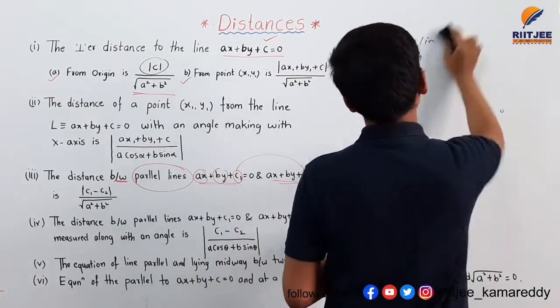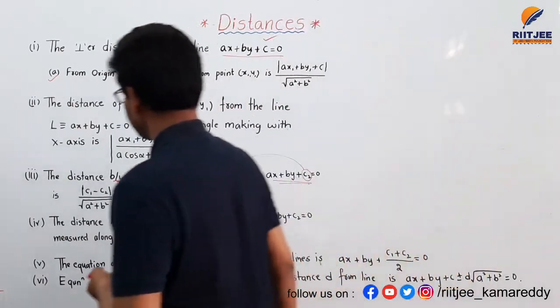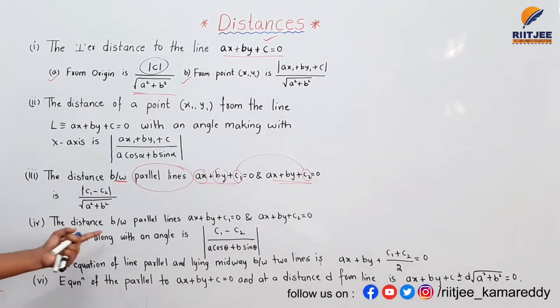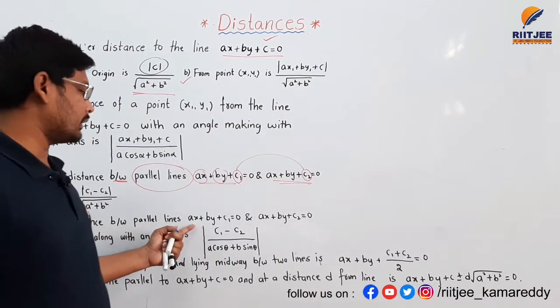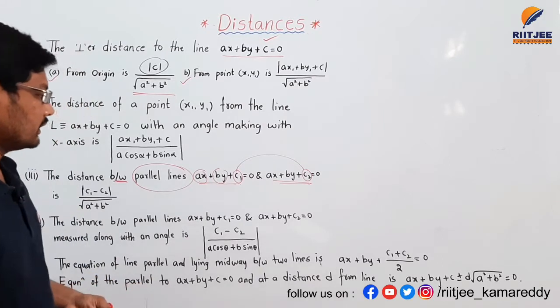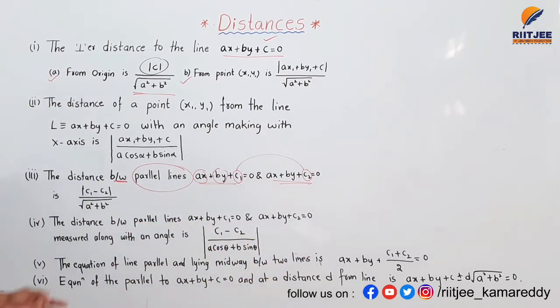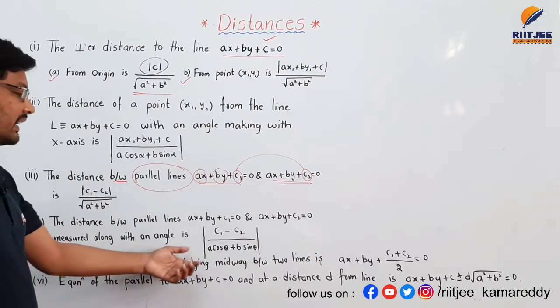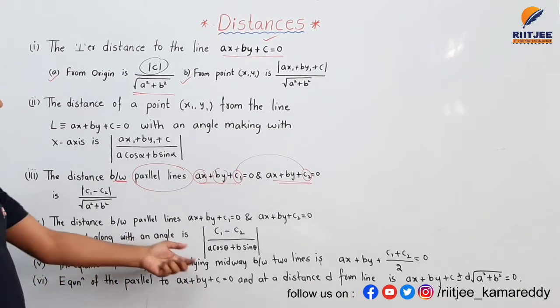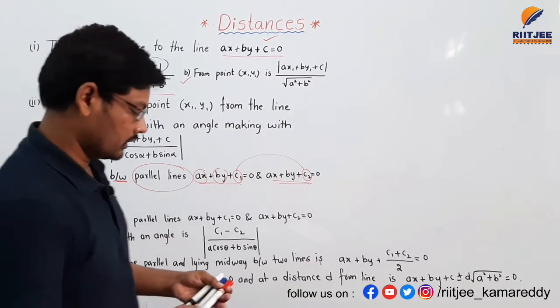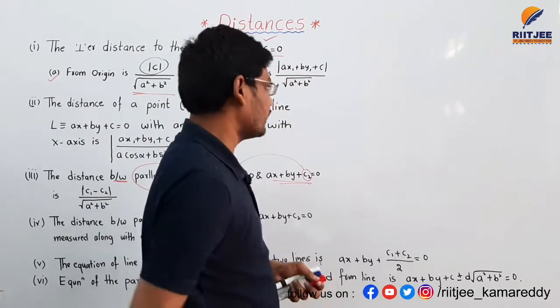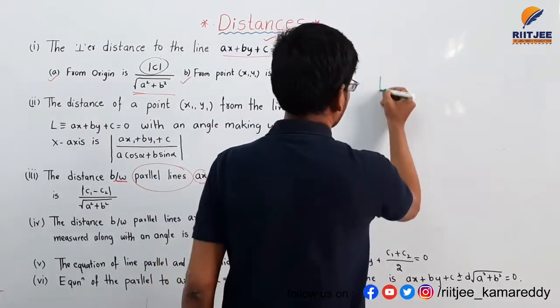next point, the distance between parallel lines ax plus by plus c1 and ax plus by plus c2 equals 0 measured with an angle. So here I am taking the axes again.